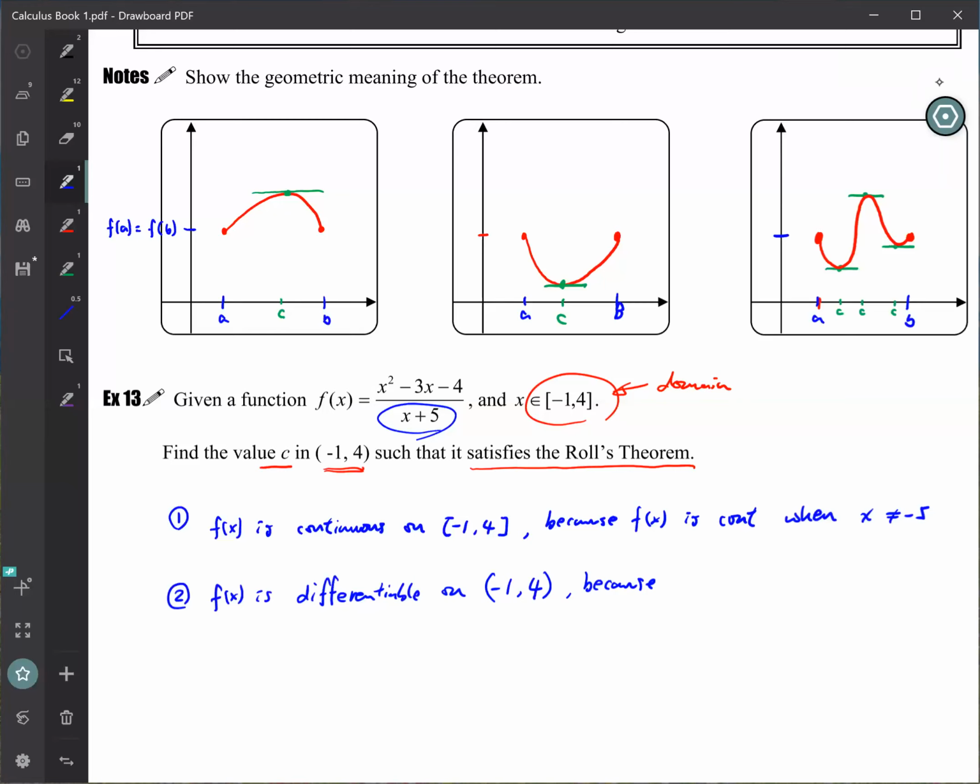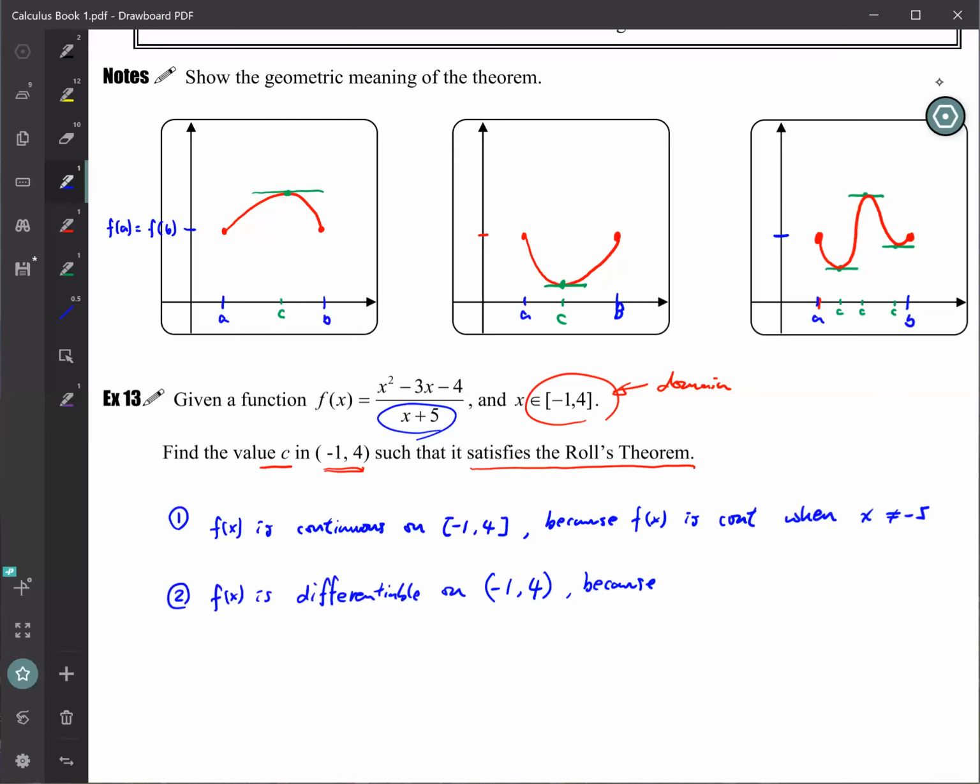Does continuous guarantee differentiable? Oh wait, it's the other way around. My bad. Differentiable then is continuous, right? Continuous could be a cusp, but doesn't guarantee differentiable. Because left limit equals right limit, that's for checking that they exist.